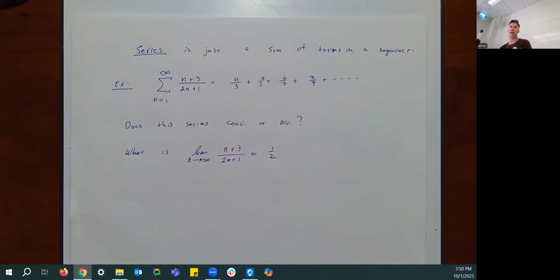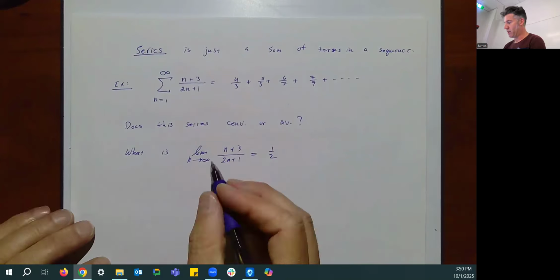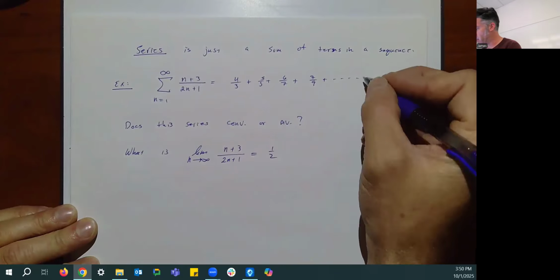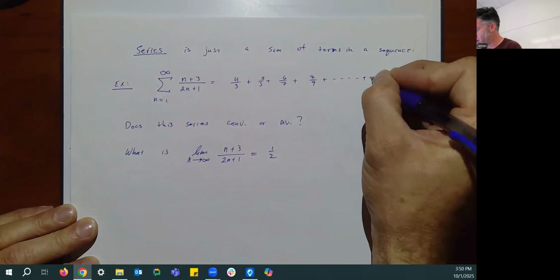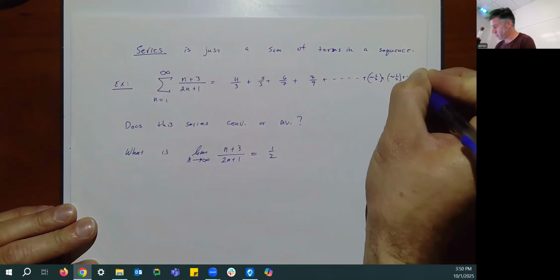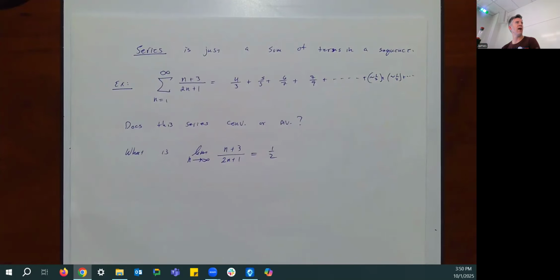We have the usual rational function kind of thing where it's 1 times n to the first over 2 times n to the first. So what this means is the terms of my sequence are getting really, really close to 1/2. So what we're doing here is adding essentially 1/2 plus essentially 1/2, and we're doing that forever. What's 1/2 plus 1/2 plus 1/2 forever?